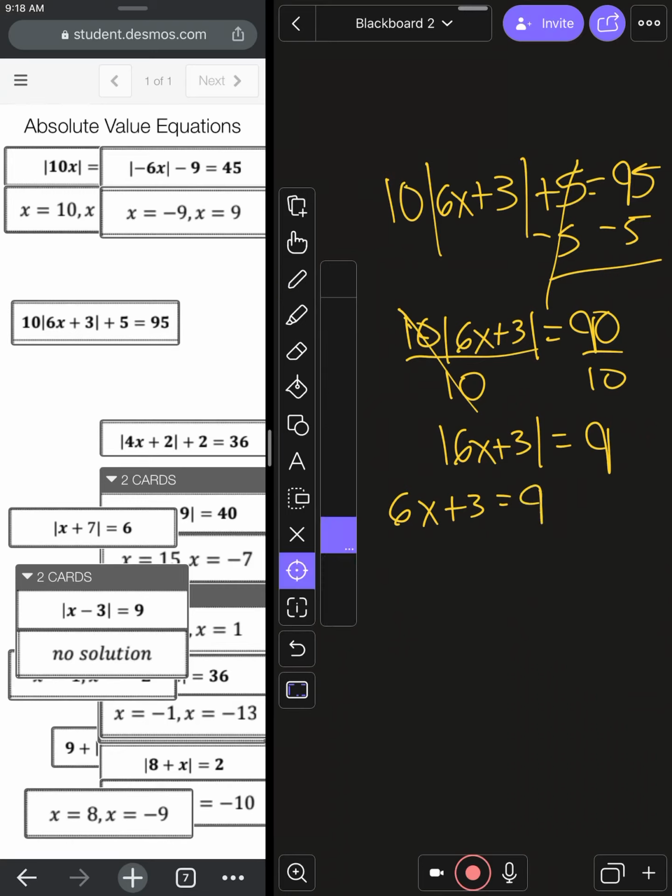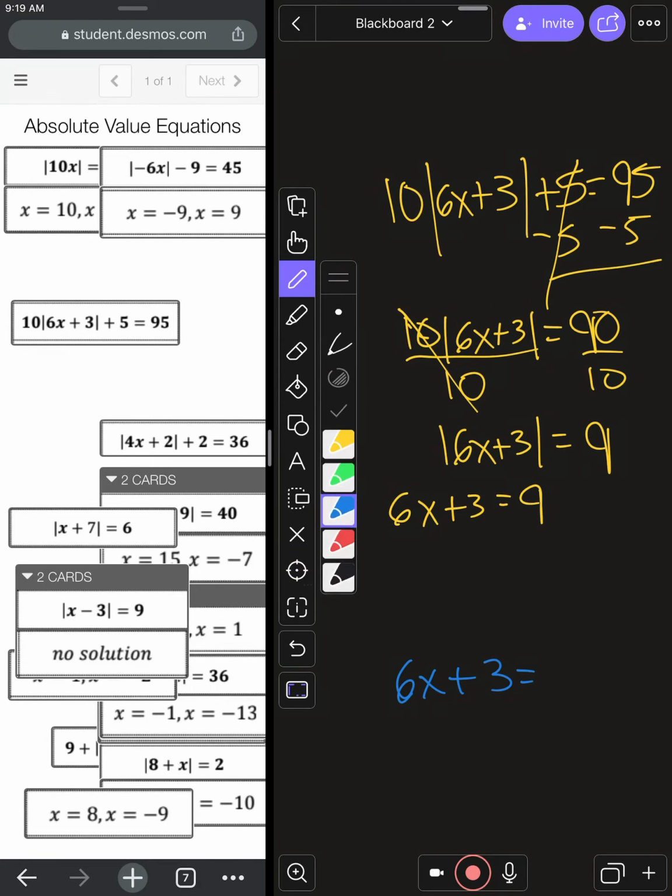The second equation, again, I drop my absolute value symbols, so I have 6x plus 3 equals, and then I don't set it equal to 9, but I set it equal to the opposite of 9, which is negative 9. Now I've got my two equations, and when I solve them, I will have my two answers. So I'm going to start by solving this one.